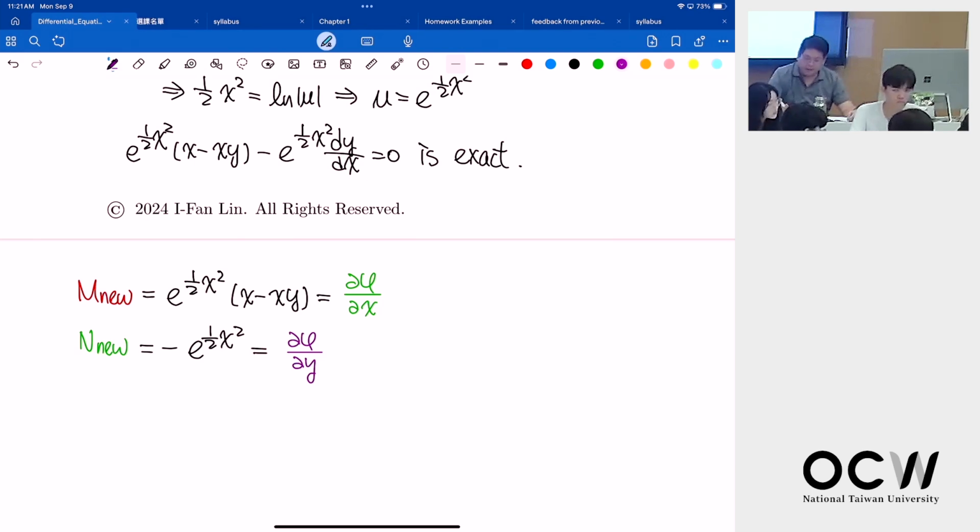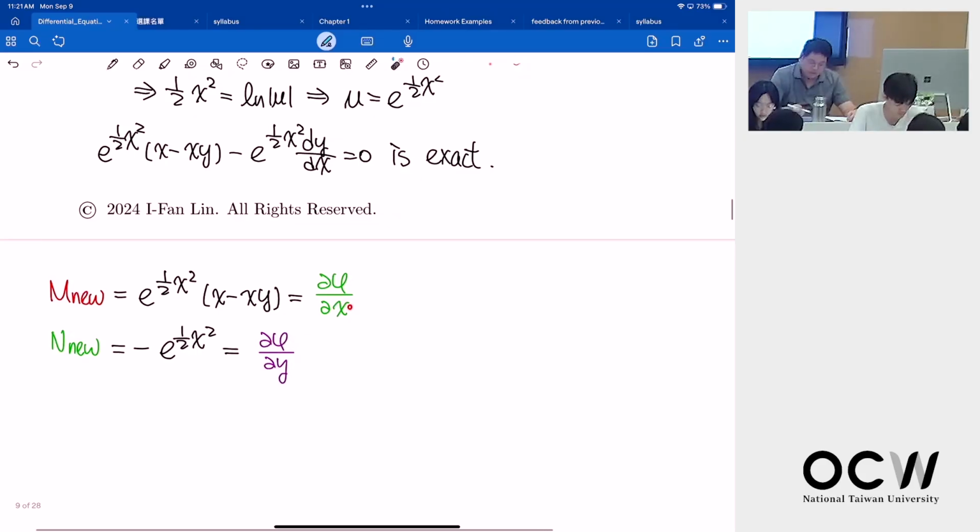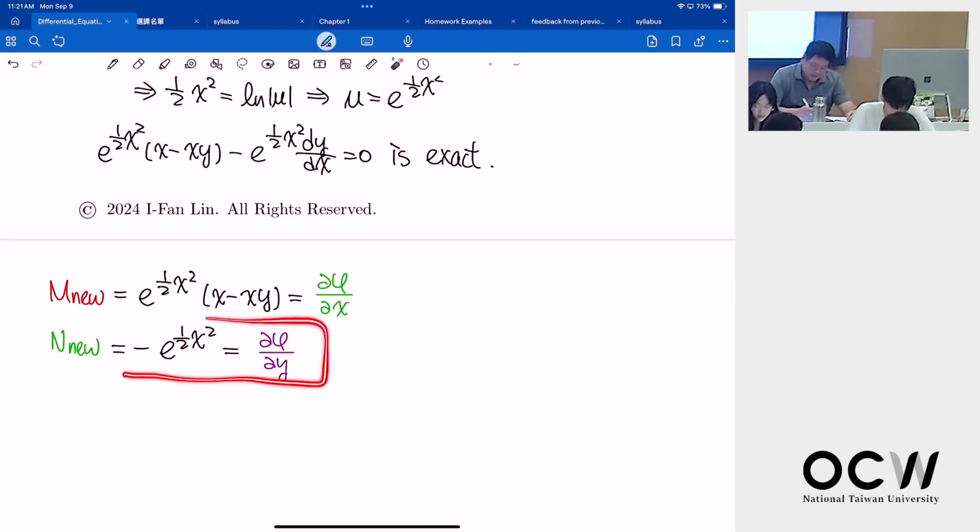Okay, then which one do you want to choose to find the potential function? Either way, but we can choose the easier one, right? It looks like this is easier. I only have x, and here you have x and also this correlated term.